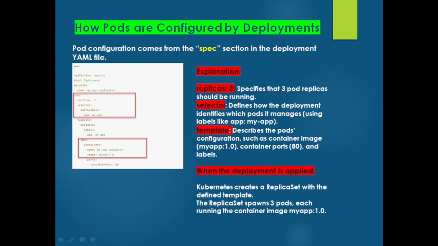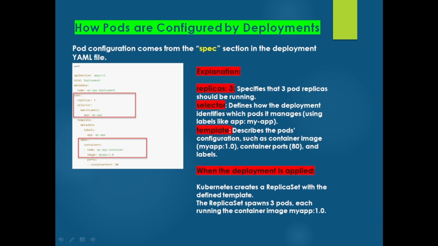All pods will listen on port 80 and carry the label called myapp. So basically Kubernetes automatically spins up a replacement pod, and it will get a similar configuration whenever it gets deployed.